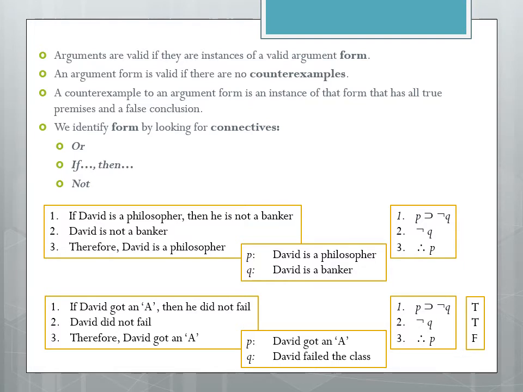So this tells us that the first argument, if David is a philosopher, then he is not a banker. David is not a banker, therefore David is a philosopher. That argument is invalid because it's an instance of an invalid argument form. And we know that the form is invalid because we've just seen a counterexample.